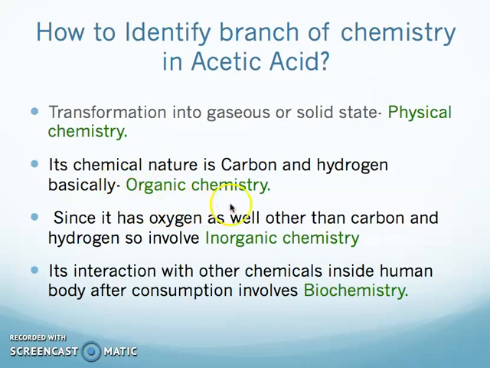So that's why acetic acid is basically studied under organic chemistry. Then we have oxygen as well, and we have already discussed that oxygen is inorganic in nature. When we study the oxygen ingredient of acetic acid, that means it also involves inorganic chemistry.